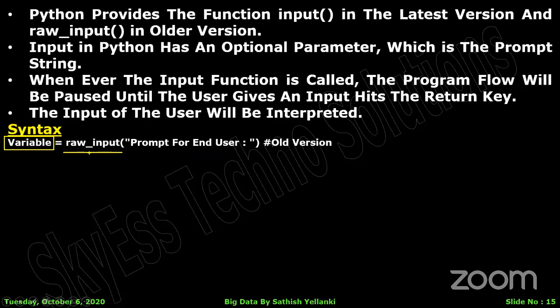You don't need to. I'm calling my raw_input and this is my prompt that I'm giving to my end user, so that he can understand what input he should give. Whatever data I give here is taken by default as a string only, and that string value will come into this variable. If it is the third version, the only difference is raw_input is replaced by input. All the remaining things are the same. Am I clear?